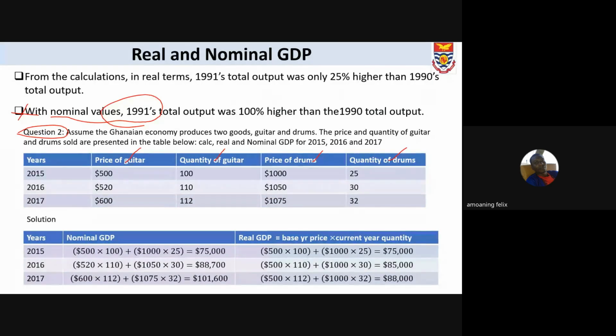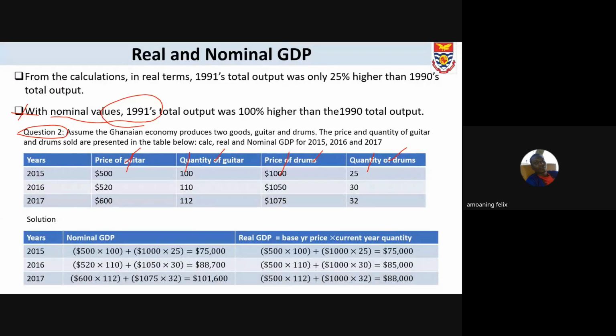Okay. So the nominal GDP will simply be the price of guitar times the quantity of guitar that was produced, plus the price of drums times the quantity of drums that was produced.